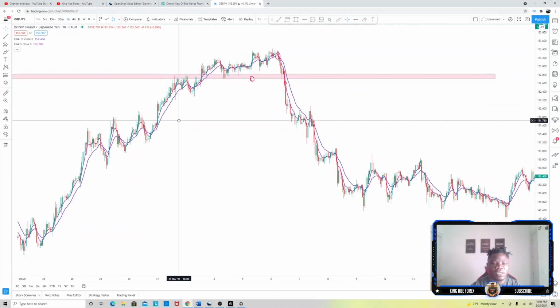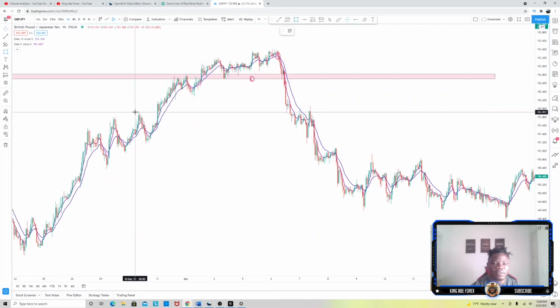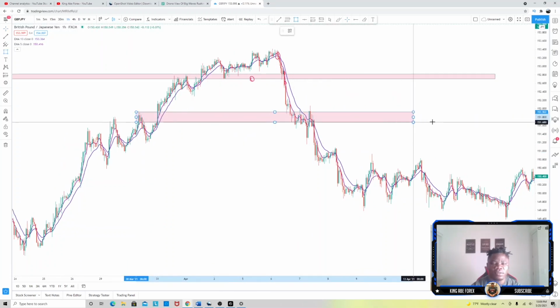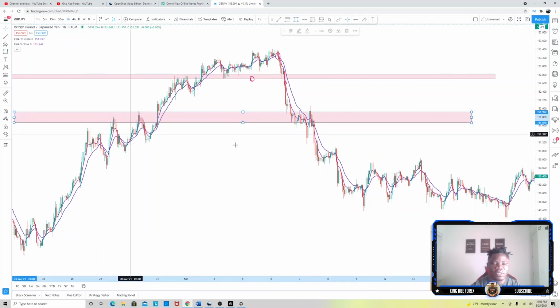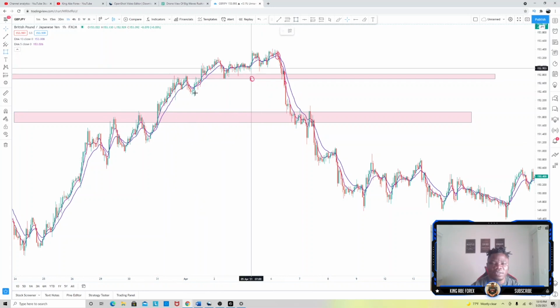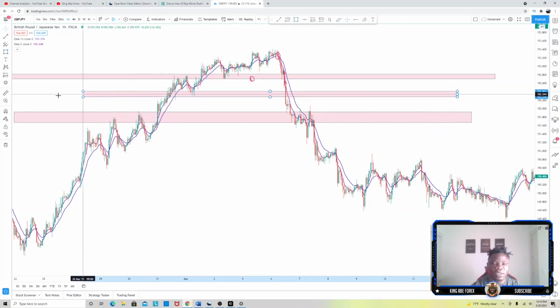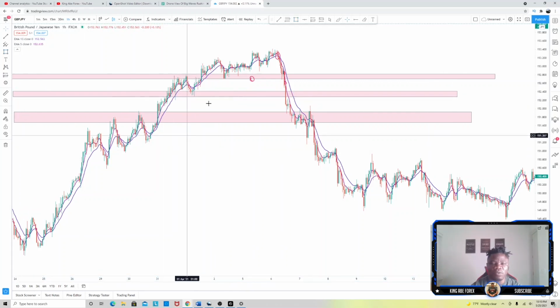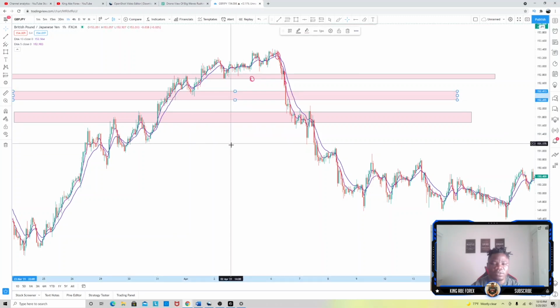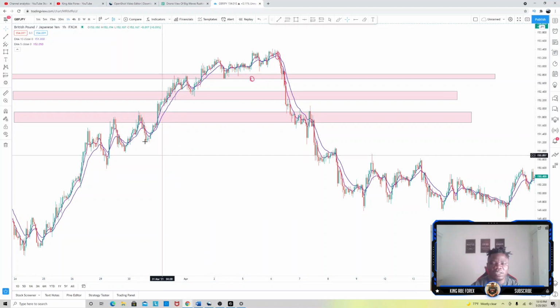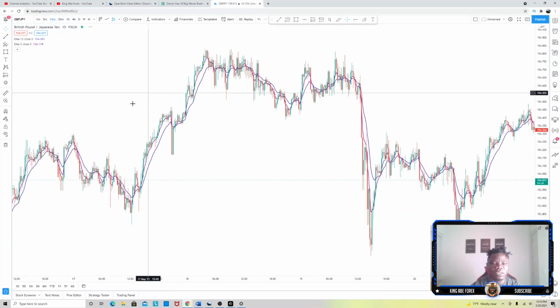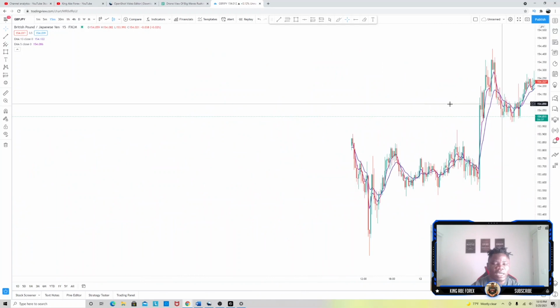We can see that we could have targeted this zone over here, and we have a slight support over here, and we could have targeted this zone as well. So now all we got to do is go back to the 15-minute time frame, and we're going to take a look and see how this trade actually played out.